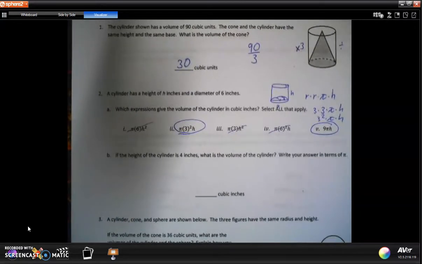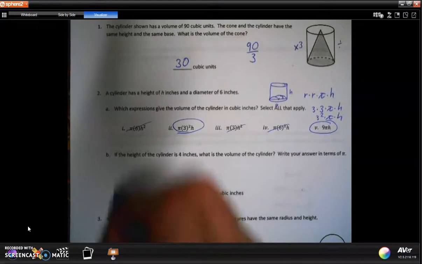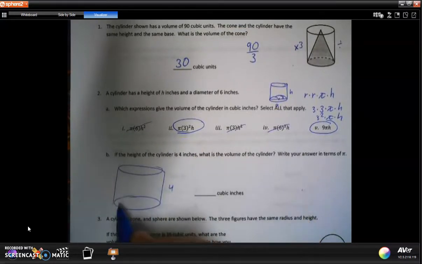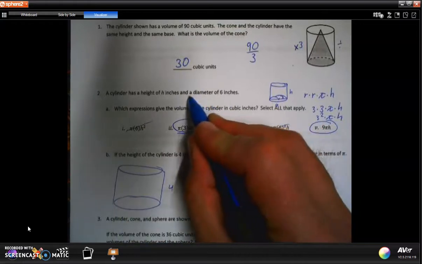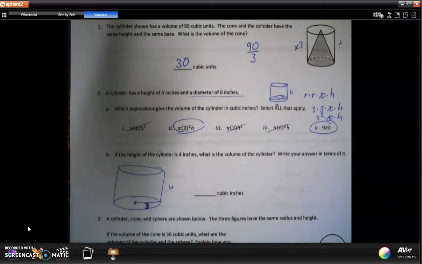If the height of the cylinder is 4 inches, what is the volume? All right, so the cylinder now has a height of 4 inches and a diameter of 6 inches, which means the radius is going to be 3, because the diameter is twice the radius.